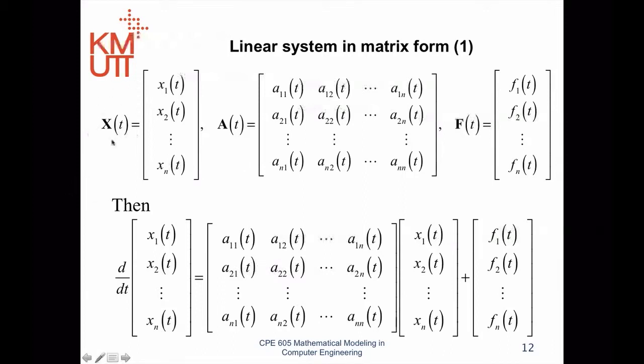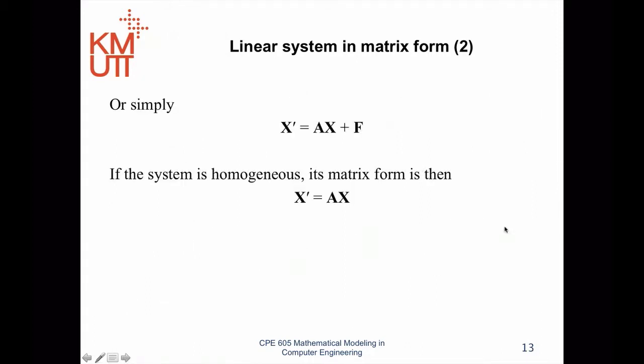If we let the matrix X denote a vector of population sizes x1 to xn, and the matrix A represents the coefficients of the linear system, and the matrix F represents the vector of external forces applying to each population, then we can write the linear system as d by dt of the vector x equals the matrix A multiplied by the vector x plus f, or simply x prime equals Ax plus f.